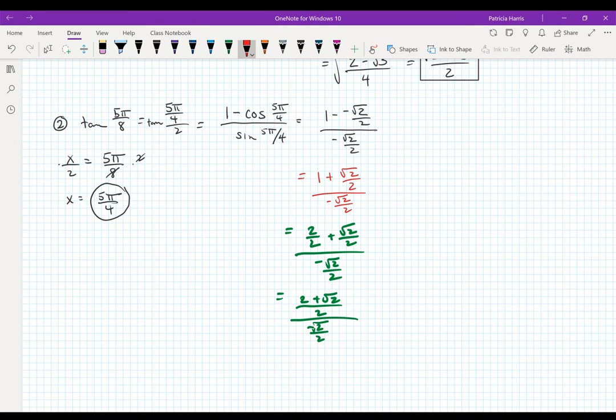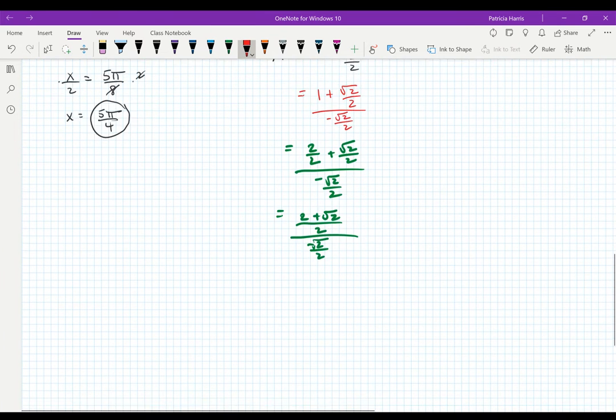And then we can start simplifying. So we can invert and multiply. Okay, so now we're like, okay, we've done a ton of simplifying. Are we done? And the answer is no, technically we're not, because we still have to rationalize the denominator.